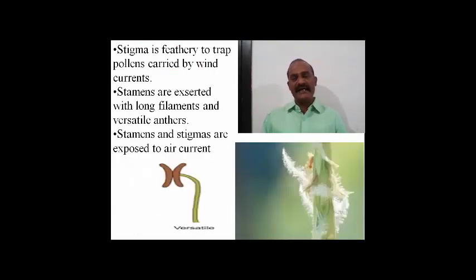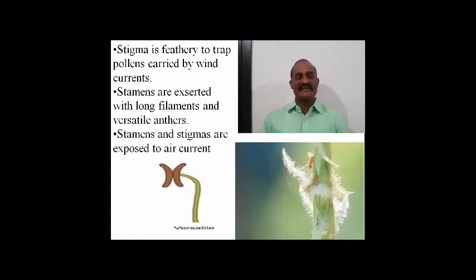Additionally, the stigma, here you can see, is feathery. Why? Because it can easily trap the pollen grains which are moving away with the wind, and definitely that will help to catch them from the wind. Now the stamens, if you observe, are very special. They are exerted on very long filaments, and the anther is very special.